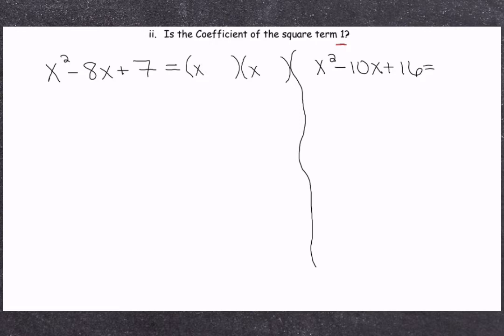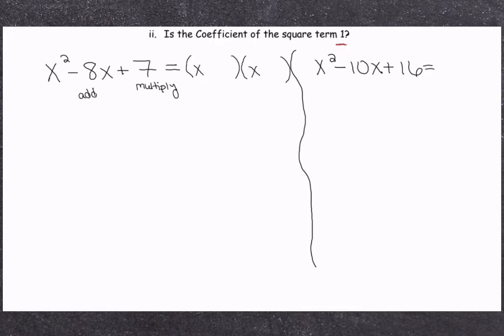So I have parentheses x, parentheses x. Now I have to figure out the number that goes inside of the parentheses. And so we play this little game where we look at the last number and we try to figure out what numbers I can multiply to get this last number, but when I add, I get the middle number.